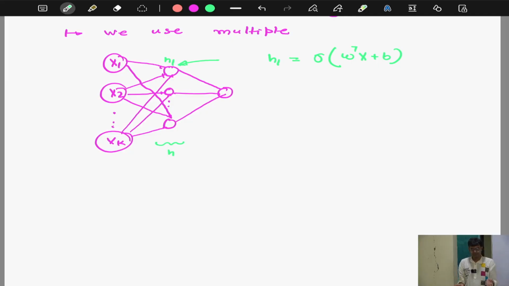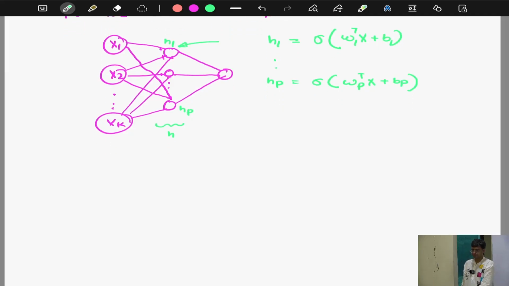H2 is the same thing with W2 and B2, so H2 is sigma of W2 transpose X plus B2. For example, HP is sigma of WP transpose X plus BP.